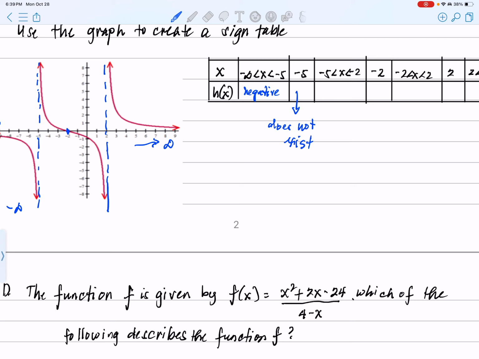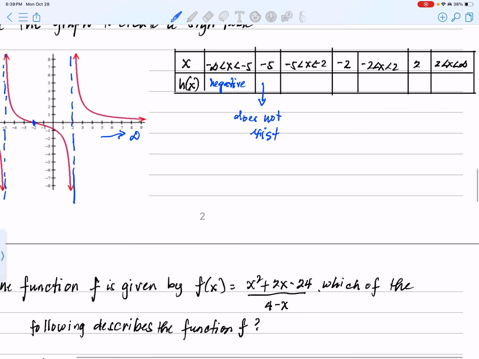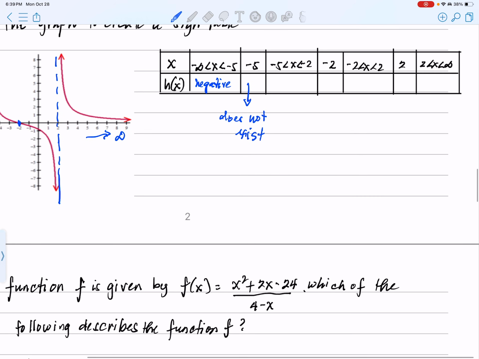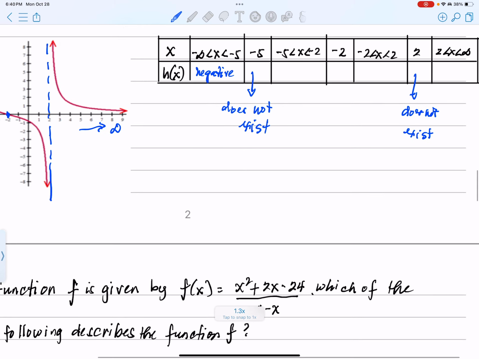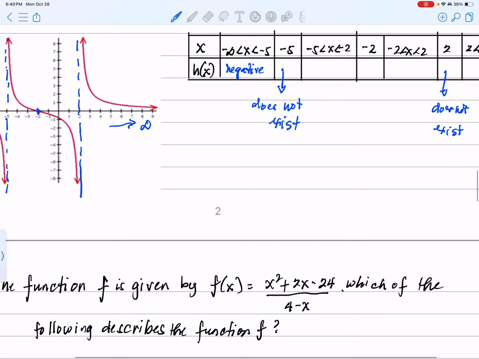What else do we have as a vertical asymptote? 2. So that does not exist either. Negative 2 is a 0 right here, so this is a 0 for negative 2.